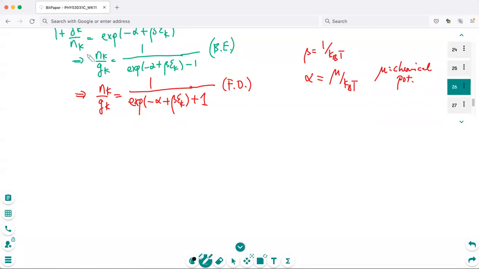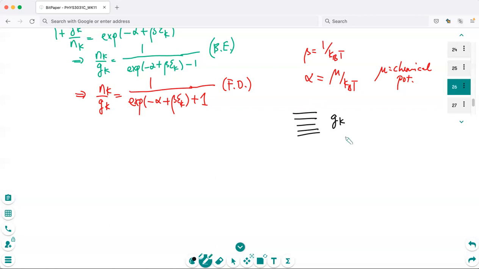What are the insights? For example, here, look at the Fermi-Dirac. So I will draw my energy level. Now, suppose I have g_k energy states. If I have g_k energy states, I can either have one particle, one fermion, or no fermion. In the case that I have fermion everywhere, then my N_k is identical to g_k.